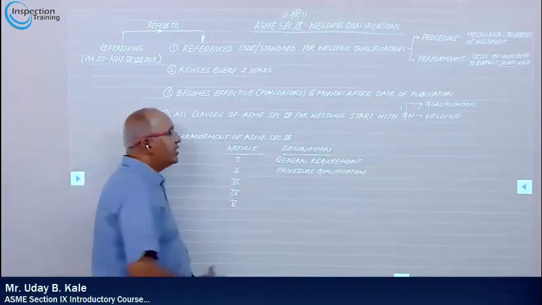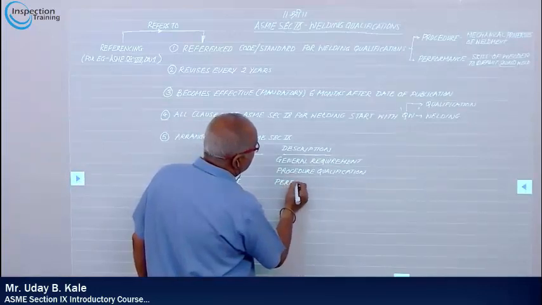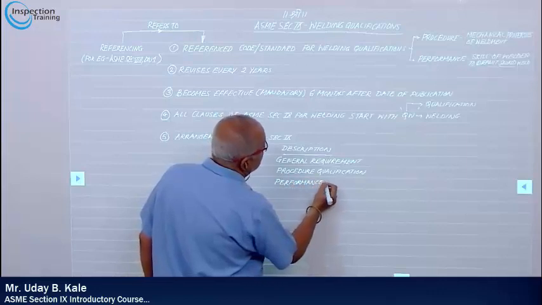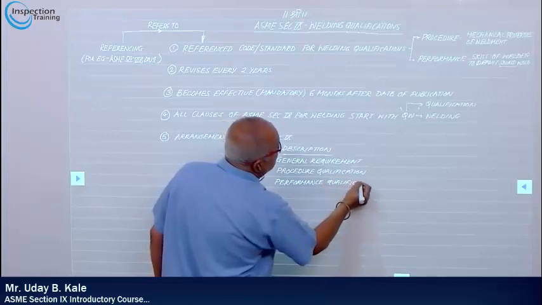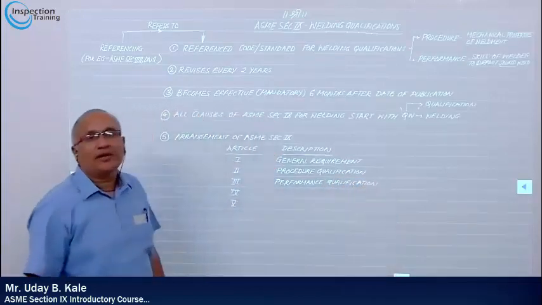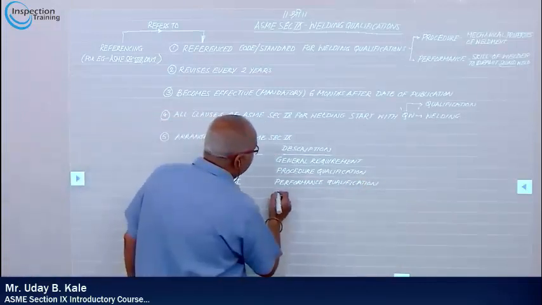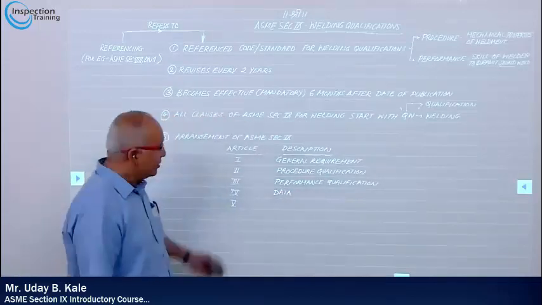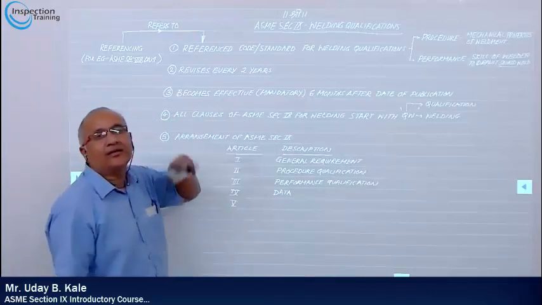Article 3 gives you performance qualification requirements. Article 4 gives you data. Data for what? It can be used for Article 3, Article 2, Article 1.